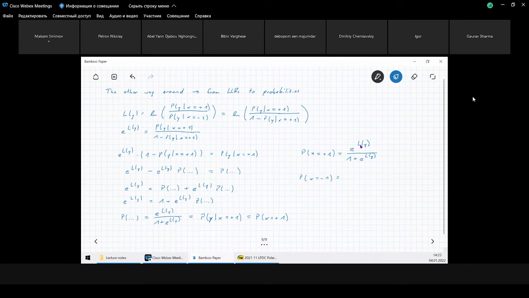And if we simplify this, we would get e to the power of minus L of y divided by 1 plus e to the power of minus L of y.